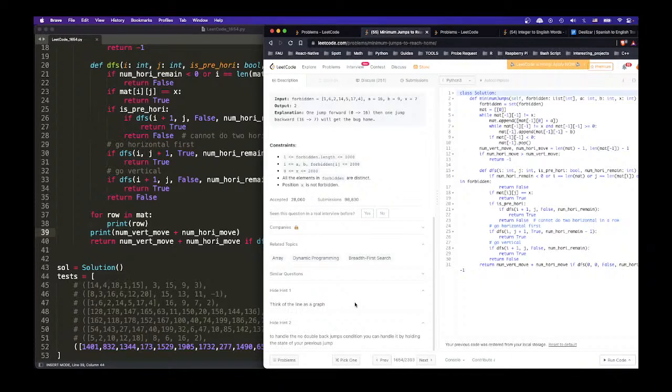Oh, this hint didn't work for me at all. By holding the state of your previous jump, what does that even mean? Like if we do a back jump, so we can only go forward, right? I mean, we can configure how many back jumps we need. Well, from here we go front, right? Then when we go front, then we can go back, or we can go front again.